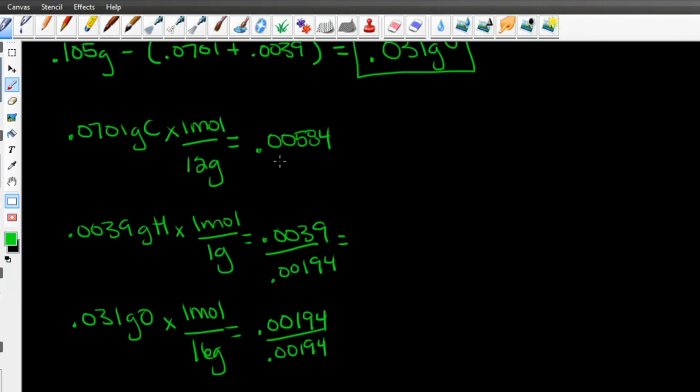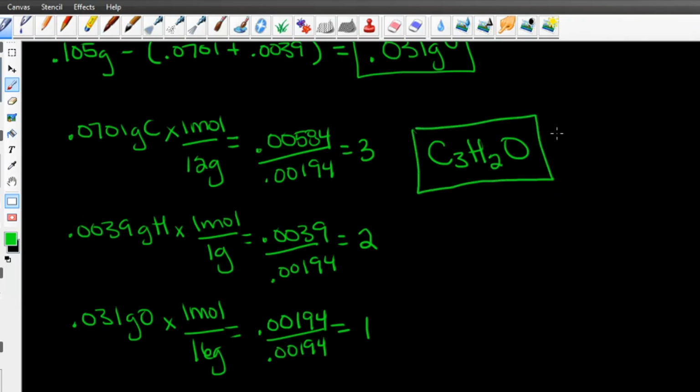And hope we get good numbers. Obviously, this one is 1. Beautiful. 2 hydrogens. Voila. C3H2O. My empirical formula.